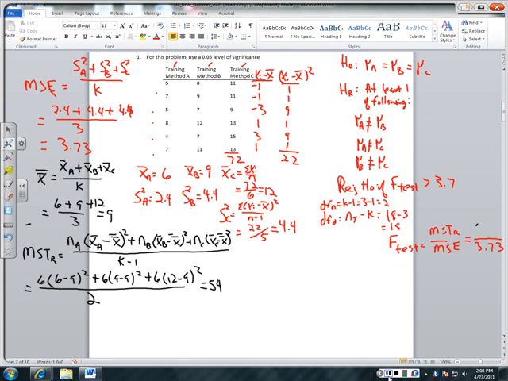So now we have our MSTR, and dividing that all out, 54 divided by 3.73, that's going to be 14.48 about. And that is greater than 3.7, so you reject H0 and conclude that at least one of those is true.